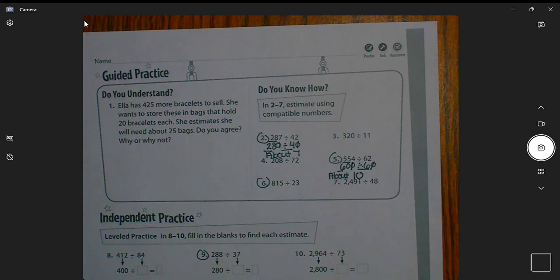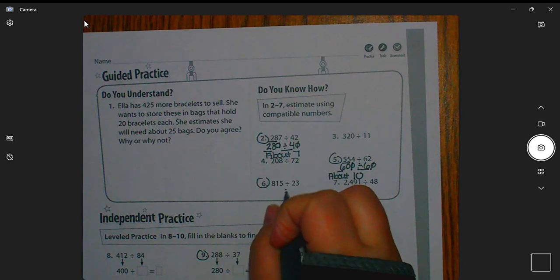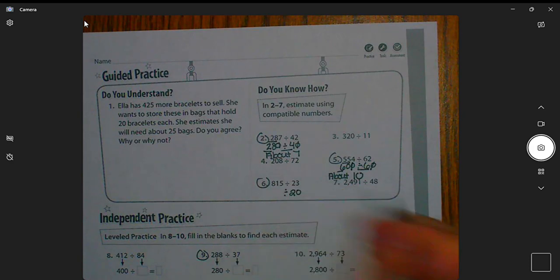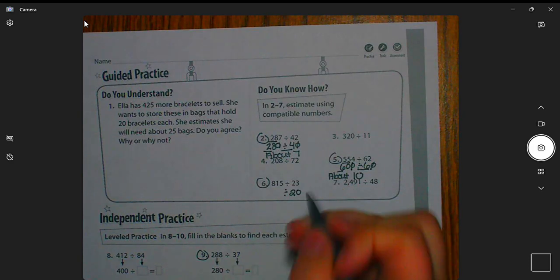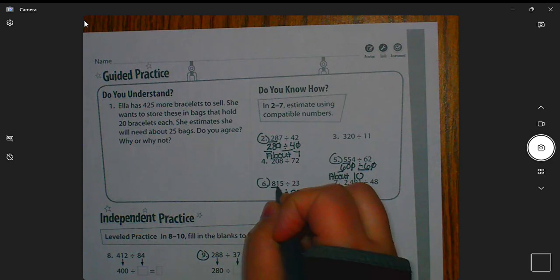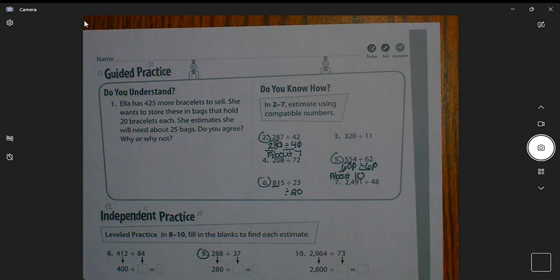Now, 815 divided by 23. I'm going to say 23 is fairly close to 20. So I'm going to say 20. 81. What number is 81 close enough to that can divide by 20?